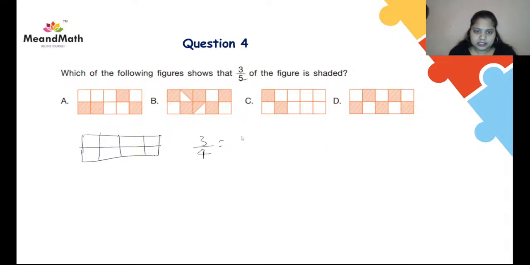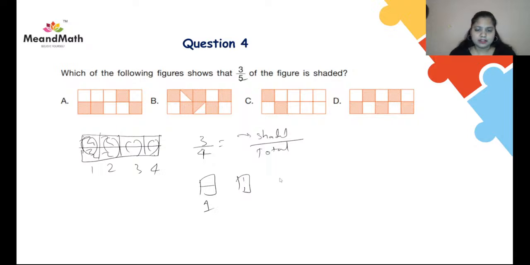That is clearly the shaded part in the numerator, and the total parts in the denominator. So here we can see that they are grouping 2 as one piece, right? 1, 2, 3, 4. So they are grouping two pieces as one piece. So this shall make one, this shall make another one, this shall make another one.